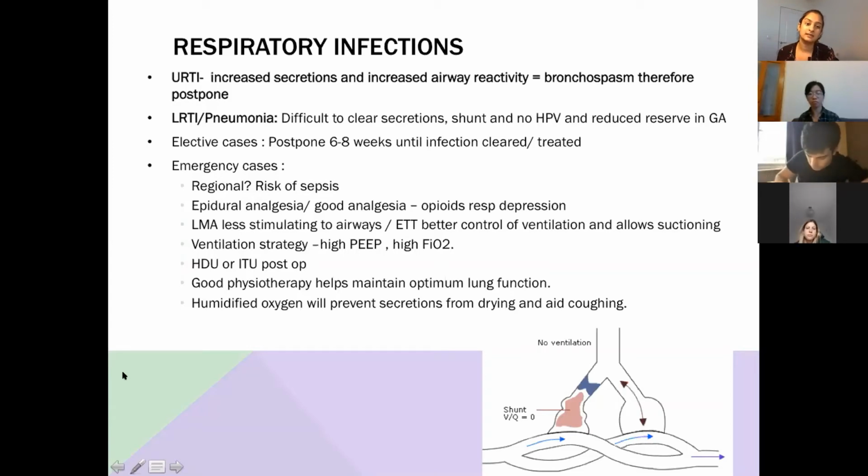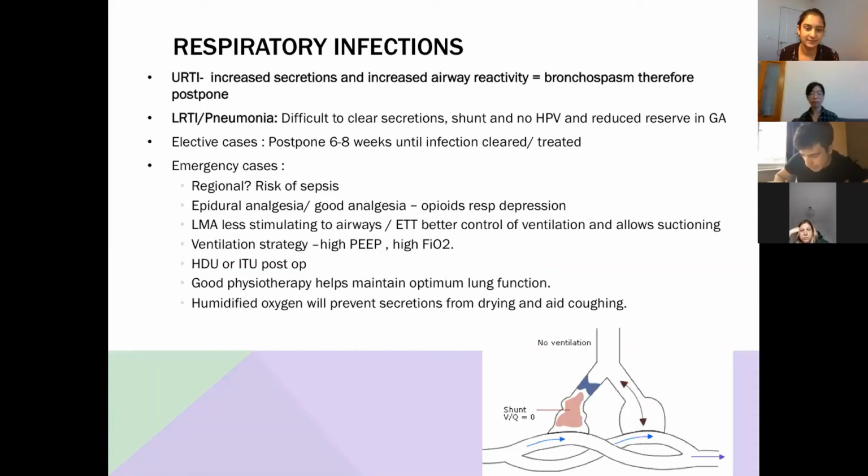So in elective cases with respiratory infections, it's important to postpone them for 6 to 8 weeks until the infection is cleared or treated. With regards to emergency cases, of course, these decisions are never left to us.